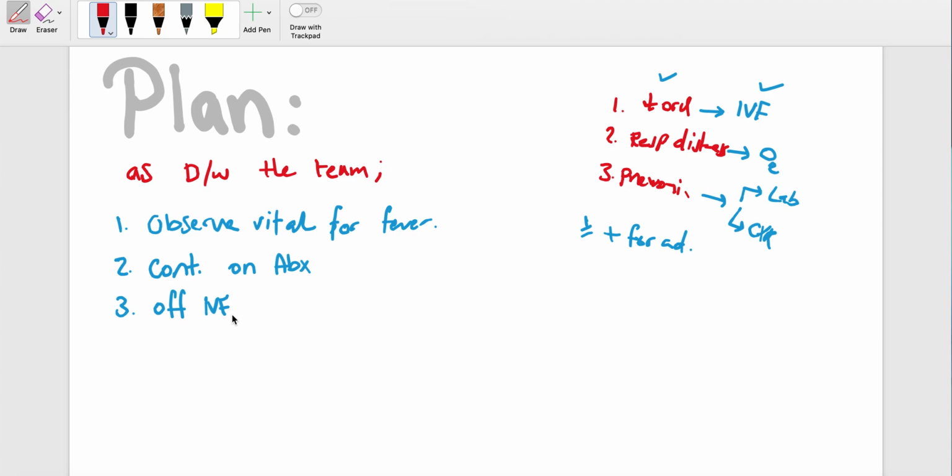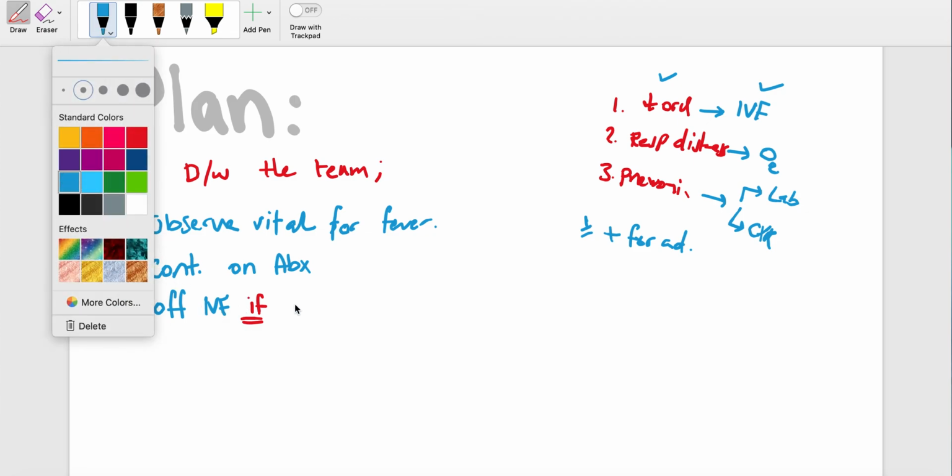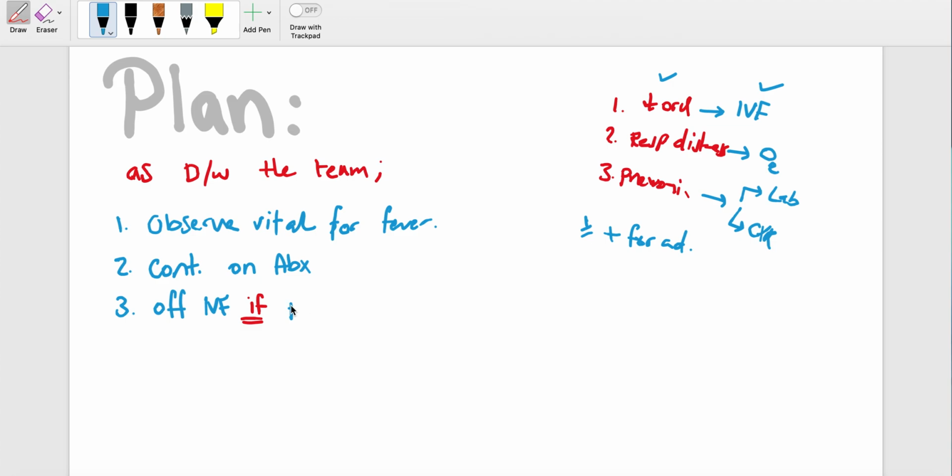So off IV fluid, if patient is tolerating orally, so we want the nurse to observe that.